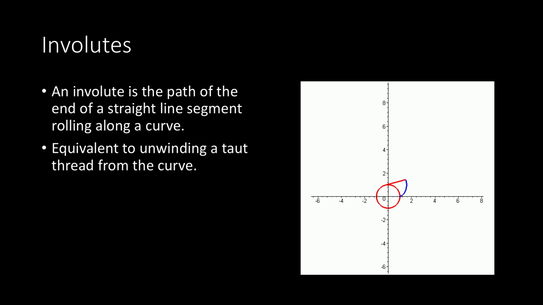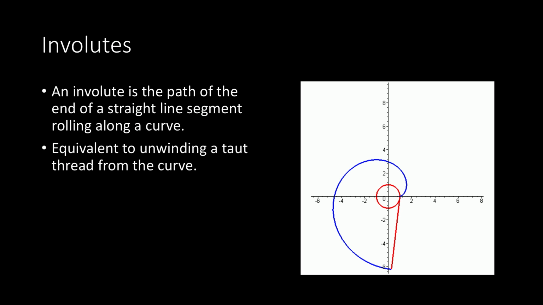This GIF was going a bit faster earlier, but this is an example here. We're rolling a straight line along a circle. So on the graph here, you've got this red straight line, which you can think of as being like a thread that's unwinding gradually from a roller or something like that. And you're following what that straight line does, a point on the end of the straight line, a line segment, I guess.